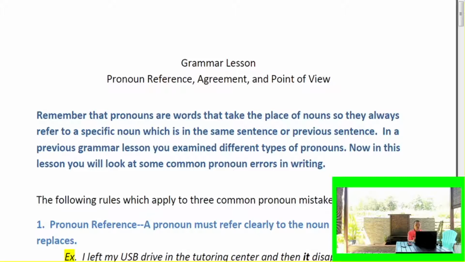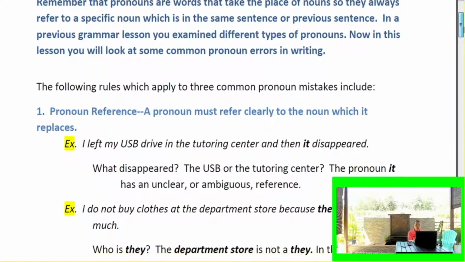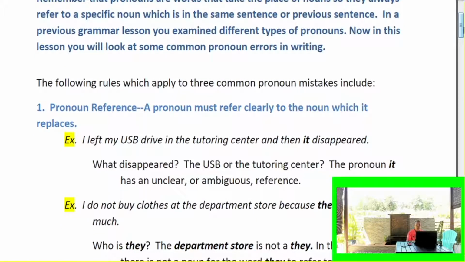So, the following rules apply to 3 common pronoun mistakes, including pronoun reference. A pronoun reference must refer clearly to the noun which it replaced. For example, I left my USB drive in the tutoring center and then it disappeared. So what disappeared?